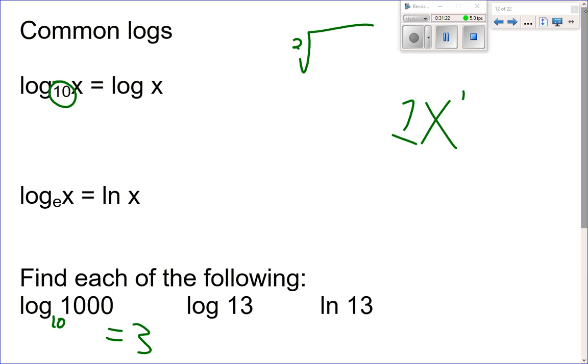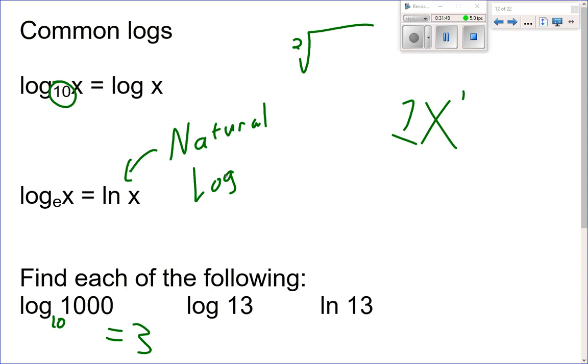The other one is log base e. We have to represent this a different way, and the way we represent log base e is with the symbol ln. And ln is referred to as the natural log.